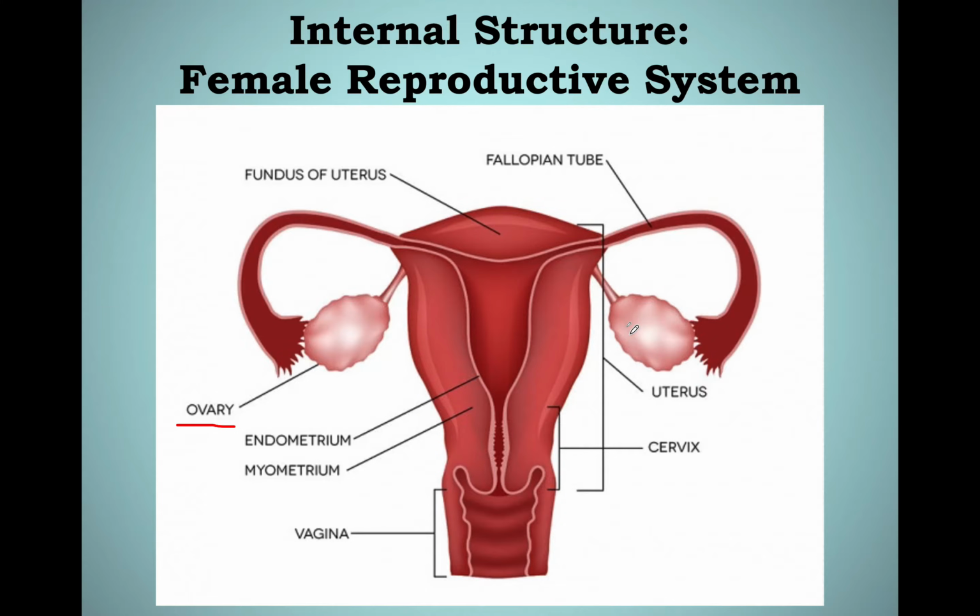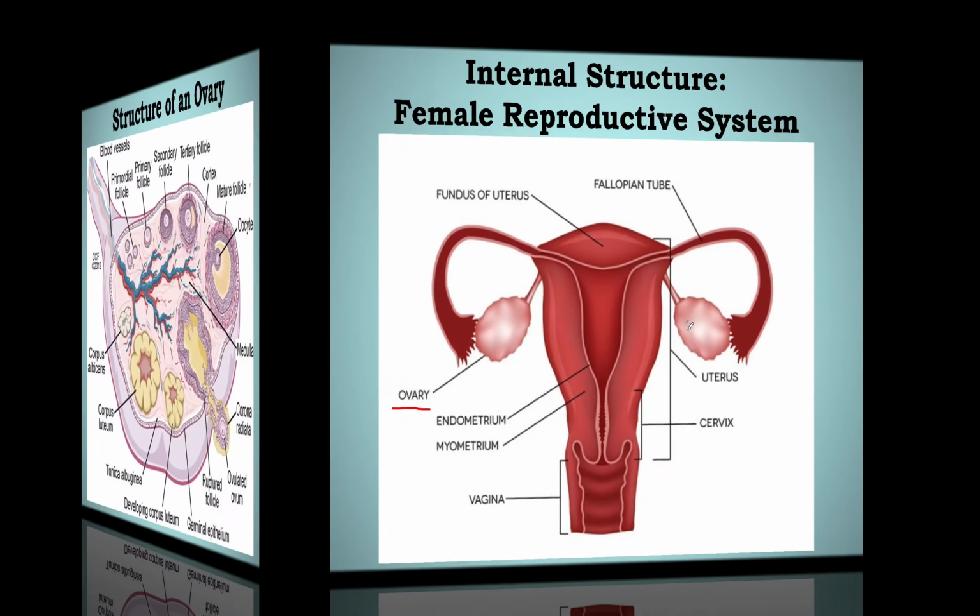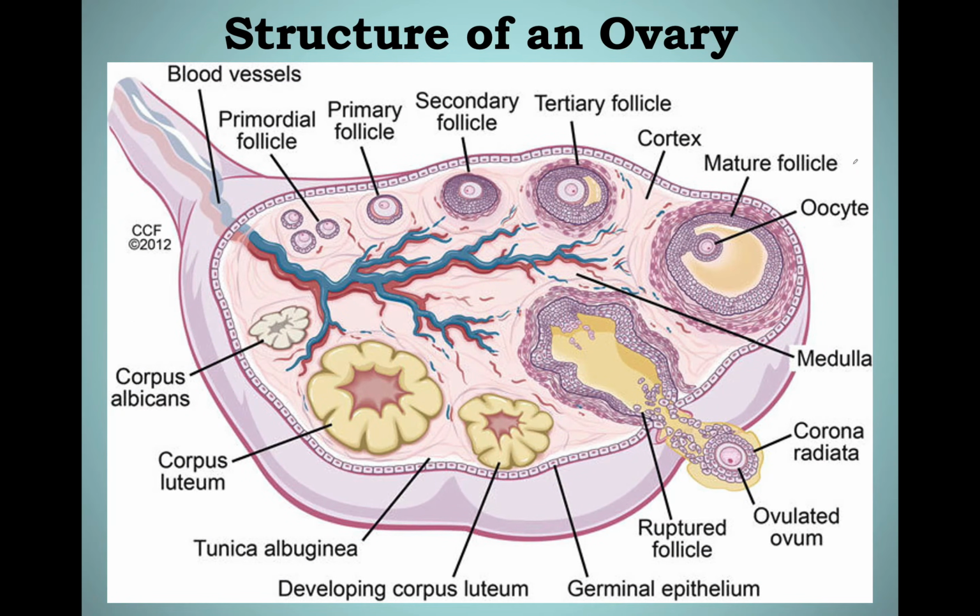Let's take a trip into these ovaries and learn more about the structures inside. Inside an ovary, what do we find? Wow, look at this. We will notice that each of the ovary is richly supplied with blood vessels. Do you see that? Another important point to know is that each of the ovary is surrounded by a layer of germinal epithelium.